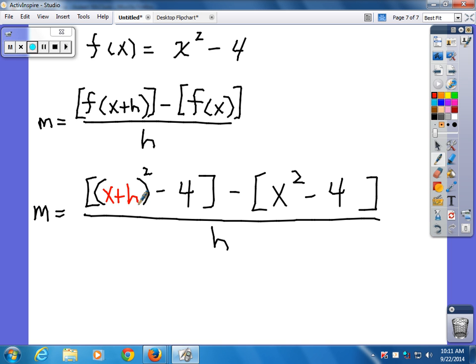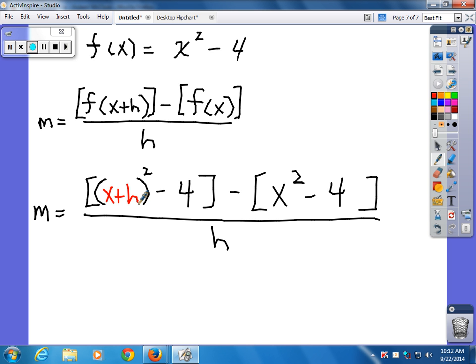You have this term and you have this term. What does this term have in it? X. And what are you supposed to do when you plug in? Plug in for x squared minus 4. Why don't I have an x plus h right here?